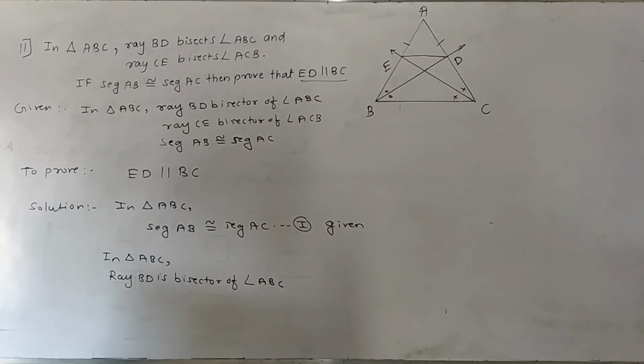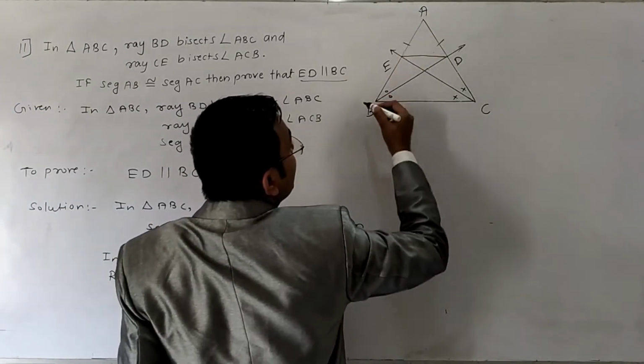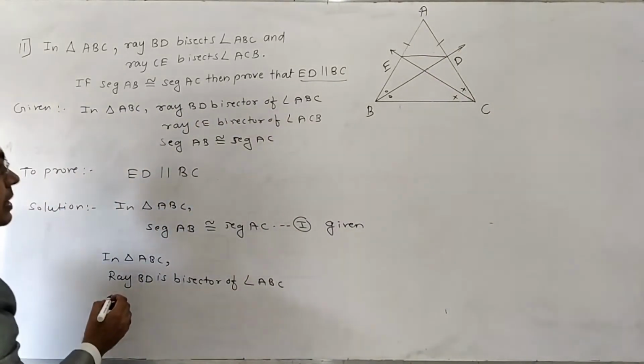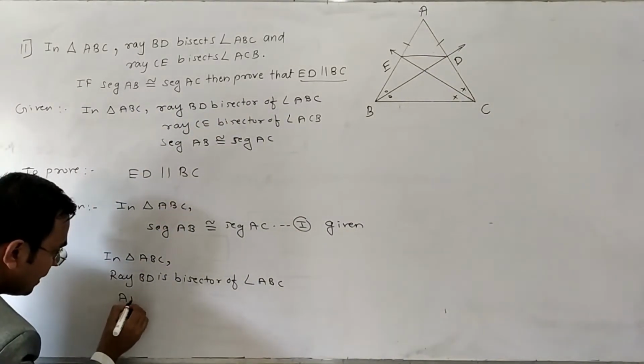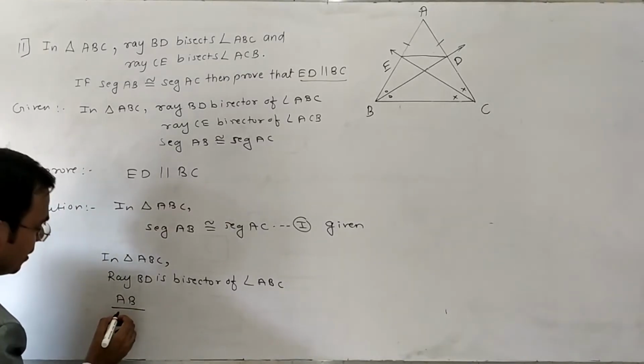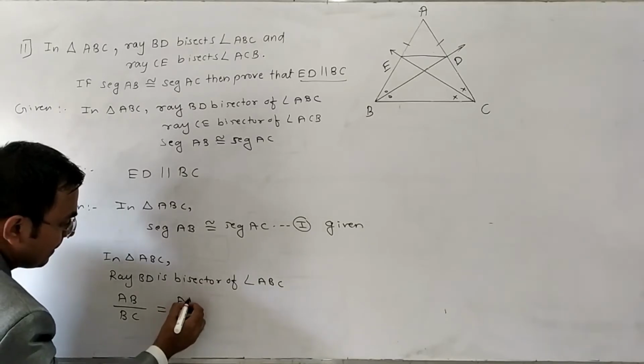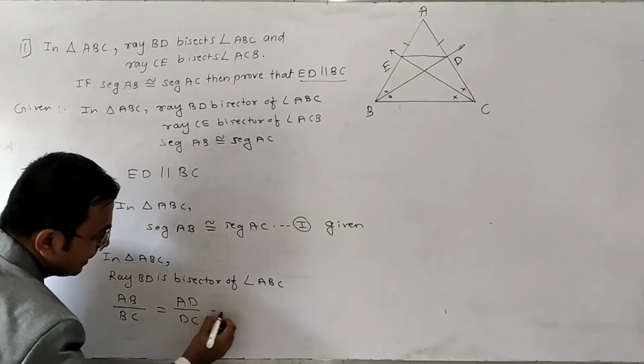So by angle bisector property, AB upon BC is equal to AD upon DC.